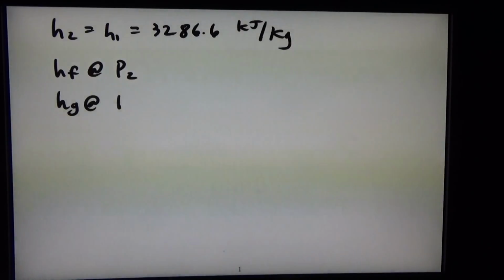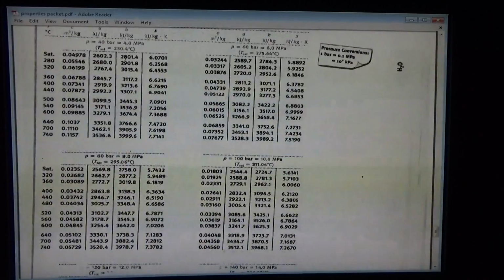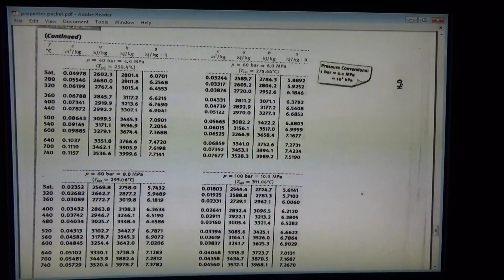So to find out state 2, we need to determine the phase, comparing the H value to H sub F and H sub G at P2. Looking up here, P2 is 30 bar.